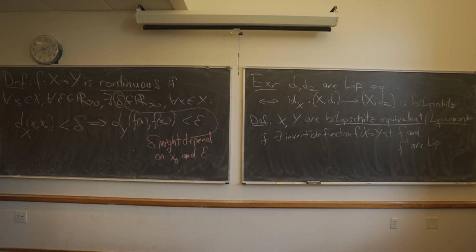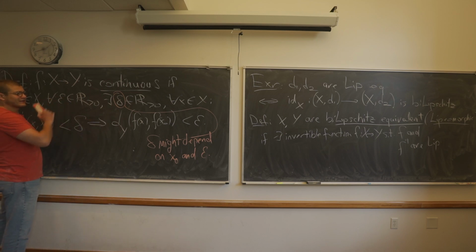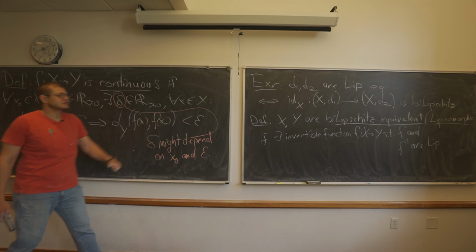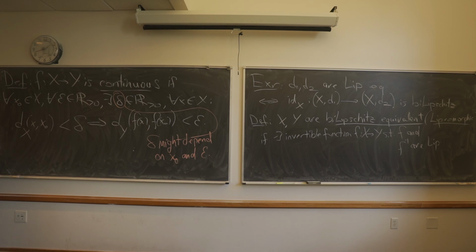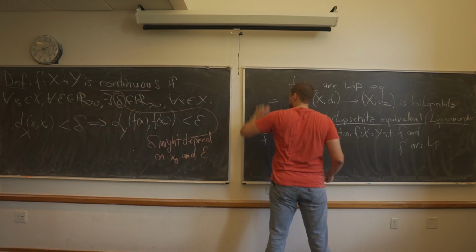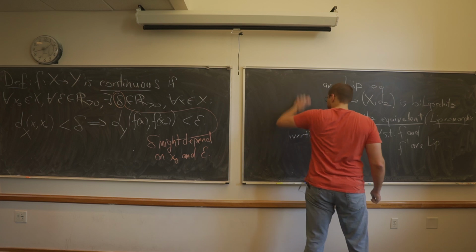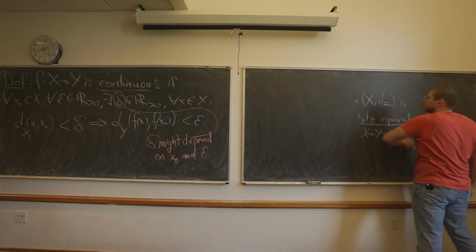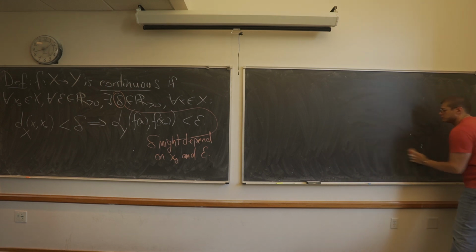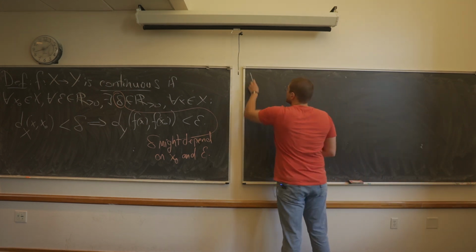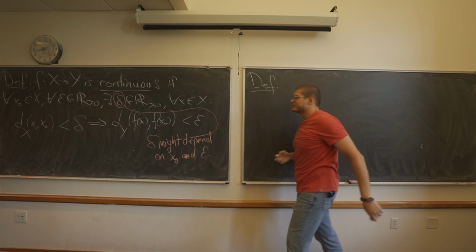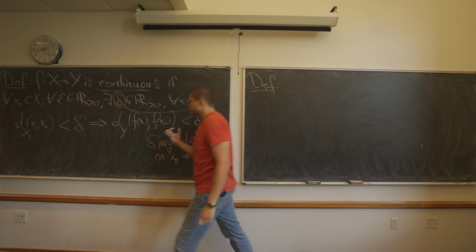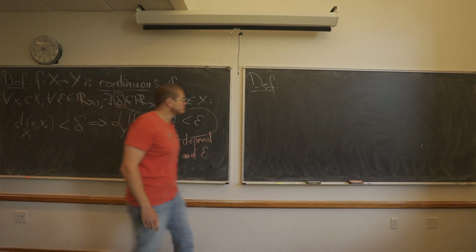With uniform continuity, you still have delta depending on epsilon, because epsilon is your error margin. It's reasonable to expect that it's going to depend on epsilon, but it doesn't depend on the base point x0. So that means that it is uniformly continuous. Uniform means that it doesn't depend on the base point. That's what it refers to.